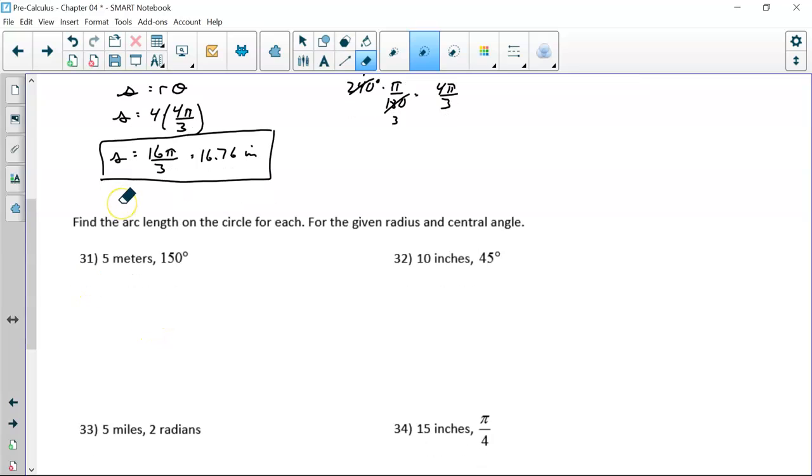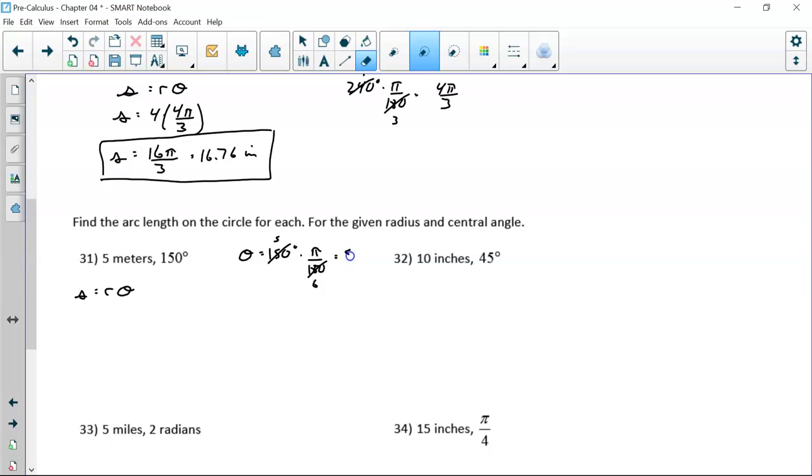So for number 31, find the length of the arc. So s equals r times theta. Now keep in mind theta, 150 degrees. Multiply that by pi over 180. They're both divisible by 30. So you're going to get 6 and 5.